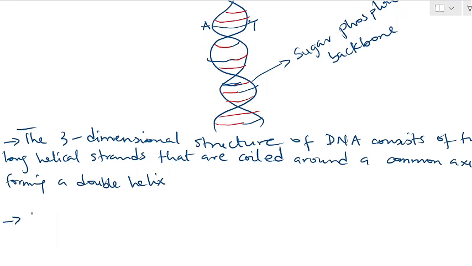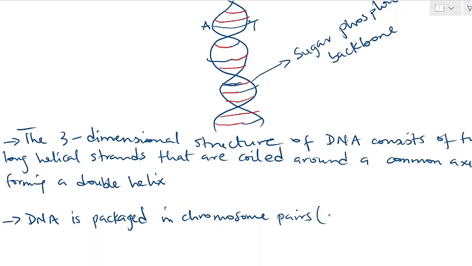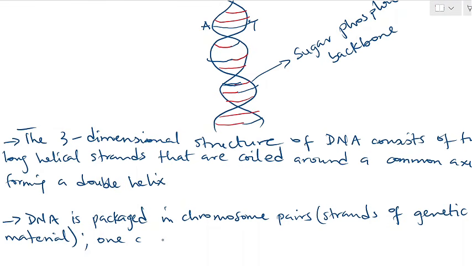So we write here: DNA is packaged in chromosome pairs, which are the strands of genetic material, one of each strands coming from each parent. Okay, so that's pretty much it.